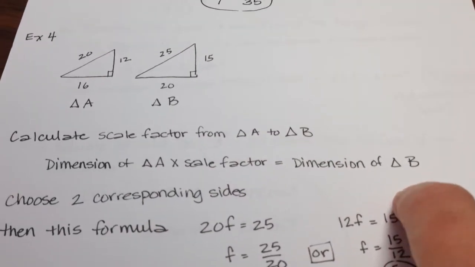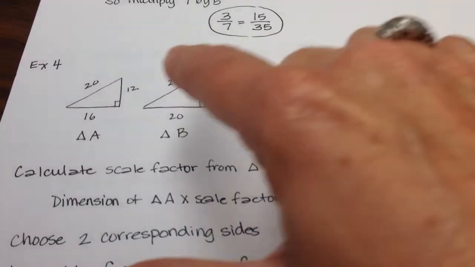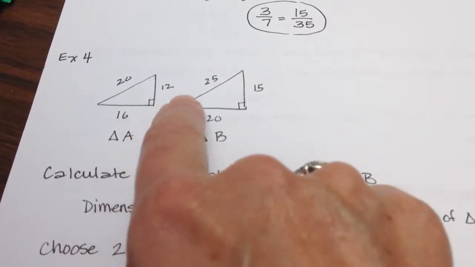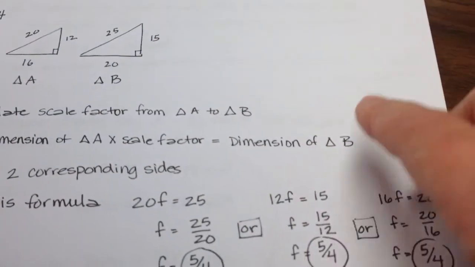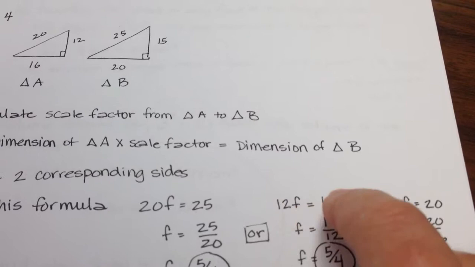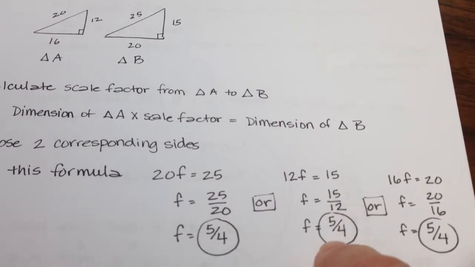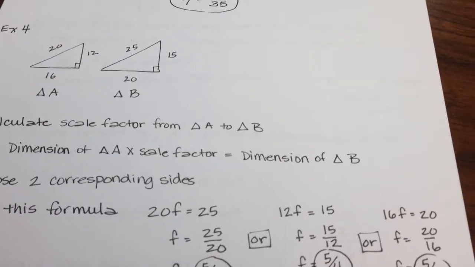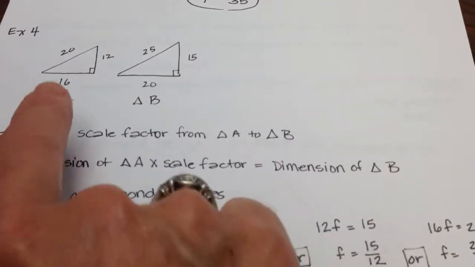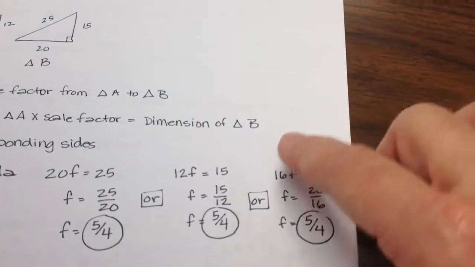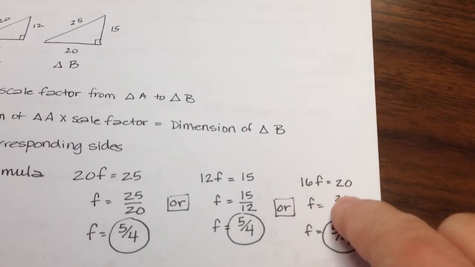Or I could have done 12 to 15. You're going to get the same thing. 12 times a factor equals 15. The factor is 15 over 12, or 5 over 4. Or what if I wanted to do 16 to 20? 16 times a factor equals 20.